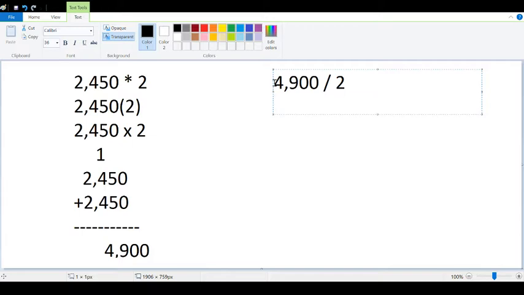All we're saying is, what number times 2 gives me 4,900, or in other words, what number do I have to add to itself twice to give me 4,900? We already know it's 2450, but how would we figure that out just by addition?